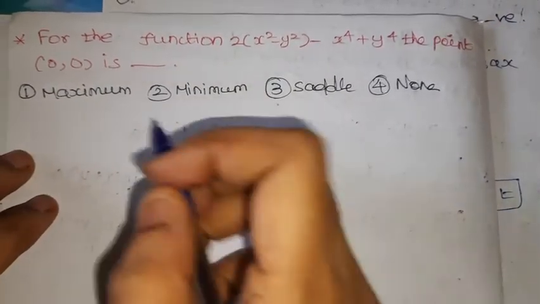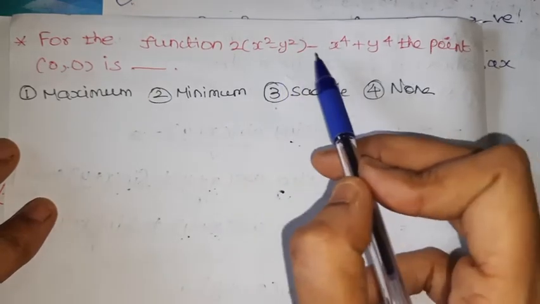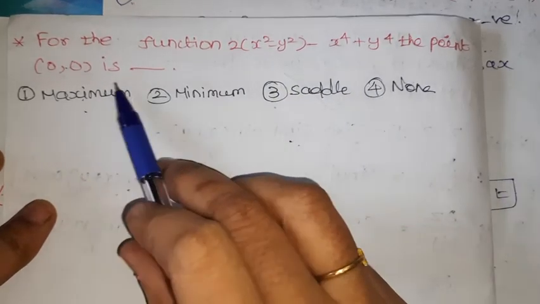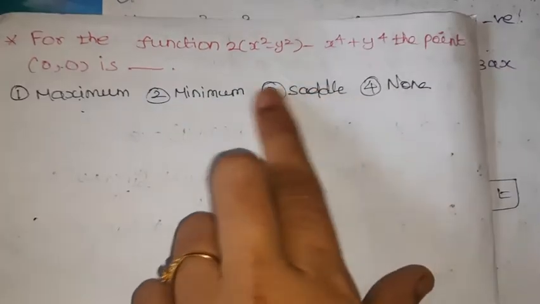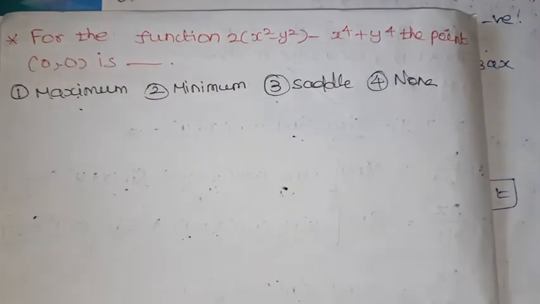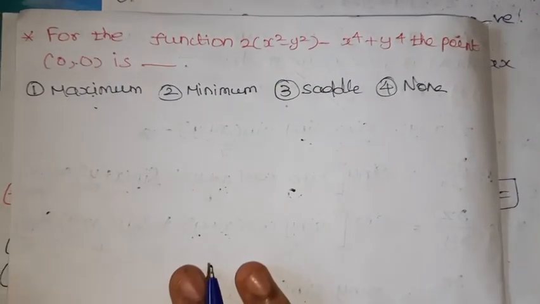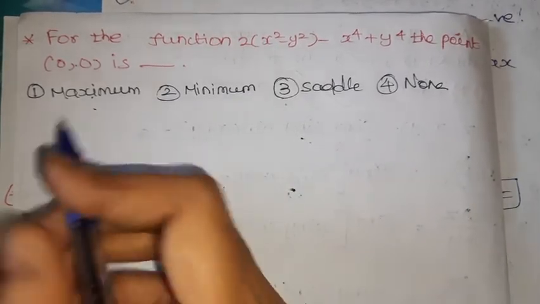Then the next question is, for the function 2 into x squared minus y squared minus x power 4 plus y power 4, the point 0 comma 0 is also given. We need to find out whether this point gives maximum or minimum or something else. So just write down the question.